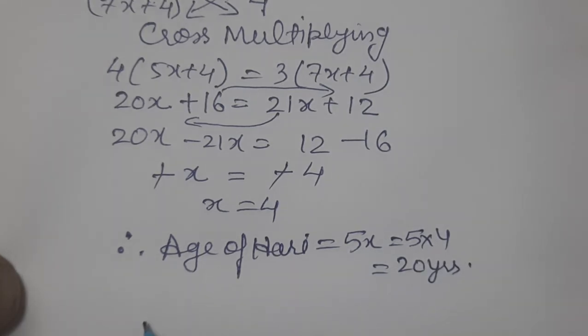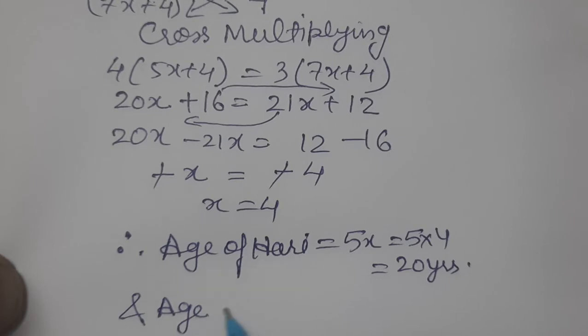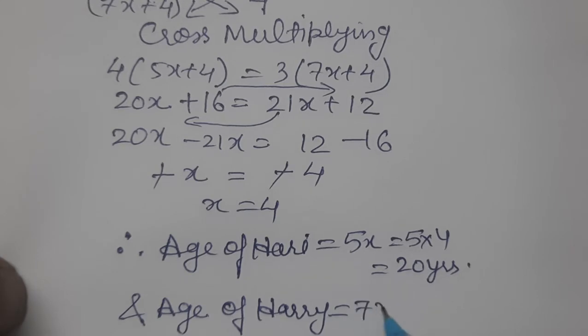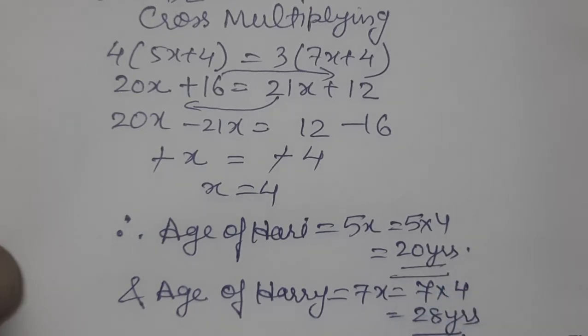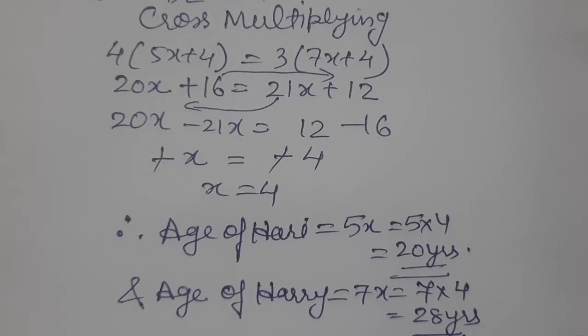And age of Harry, let's find the age of Harry also in the same way. Age of Harry equals to 7x. 7 into 4, 7 4s are 28. 28. So, this is the solution of this question.